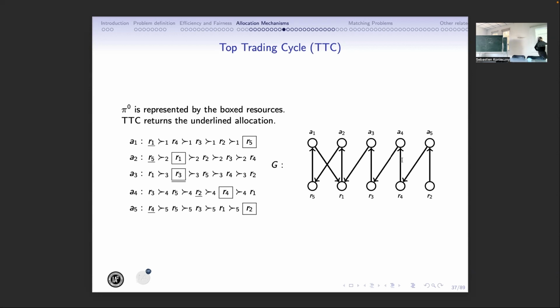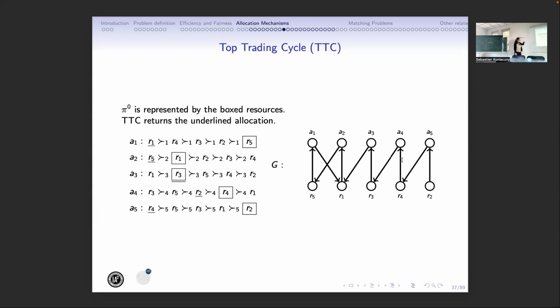We make each agent point to a preferred resource which is in the market. At the beginning, the first agent will point to R1. The second will point to R5, the third one to R1, agent 4 to R3, and agent 5 to R4.